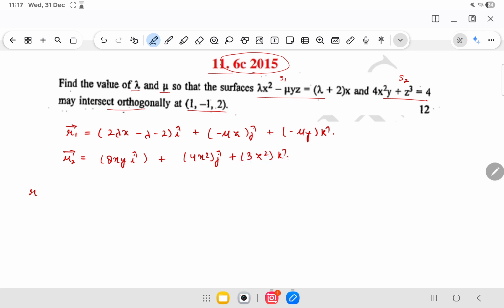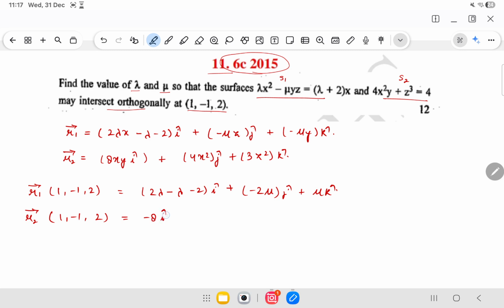Now if I evaluate these tangent values at the point (1, minus 1, 2), r1 will be equal to (2 lambda minus 2) i cap plus (minus 2 mu) j cap plus mu k cap. Likewise, r2 at (1, minus 1, 2) will be minus 8 i cap plus 4 j cap plus 12 k cap.